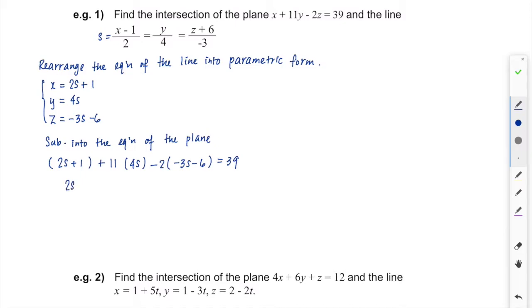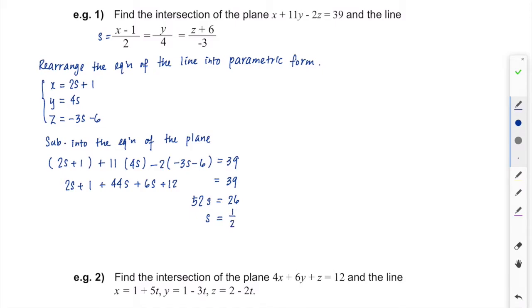I have 2s plus 1 plus 44s plus 6s plus 12, that's 39. 44 plus 6, 50, 52. So this gives me 52s equal to, 12 plus 1 is 13, 39 minus 13, that's 26. So s, the parameter, is equal to 1 over 2.